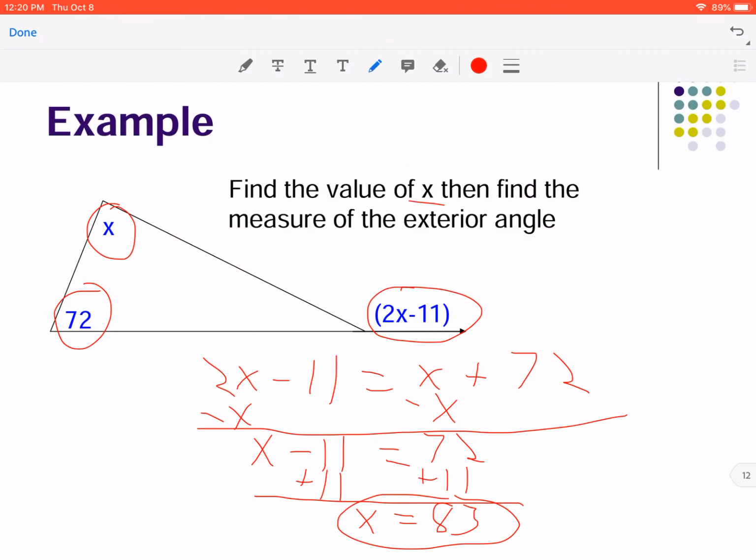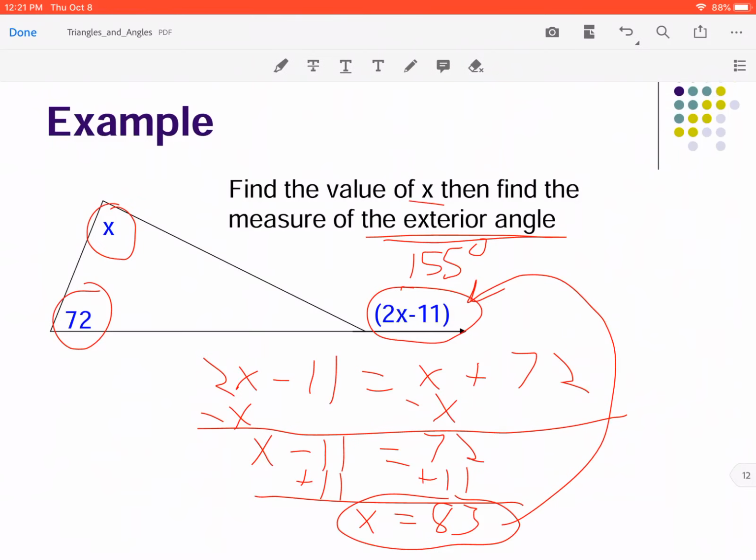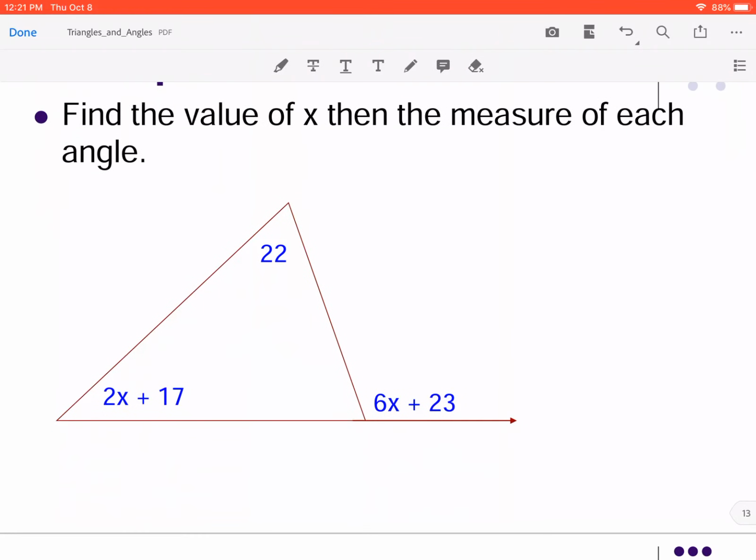Okay? But again, find the measure of x and the measure of the exterior angle. What are you going to do with that 83? Plug it back in. So you're going to need to do 2 times 83, which is 166 minus 11, 155. This angle should be 155 degrees. That's what you're saying. All right?